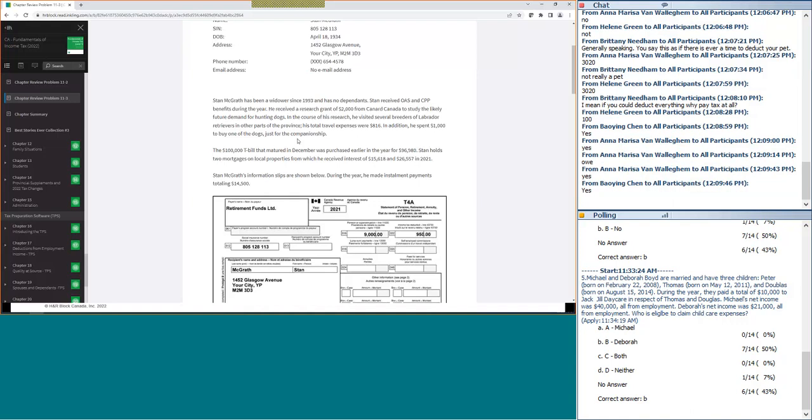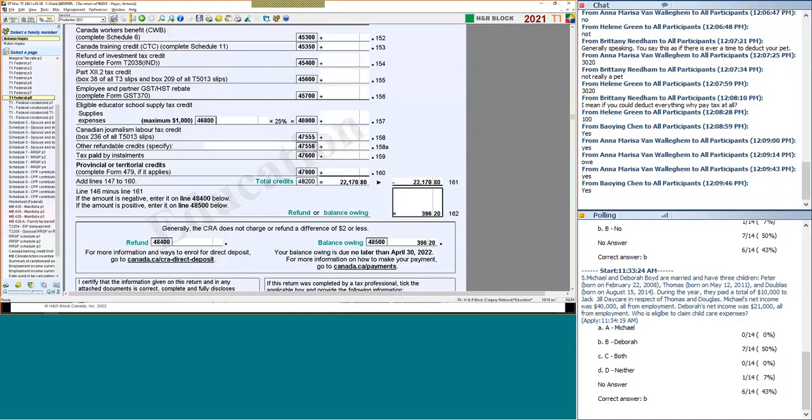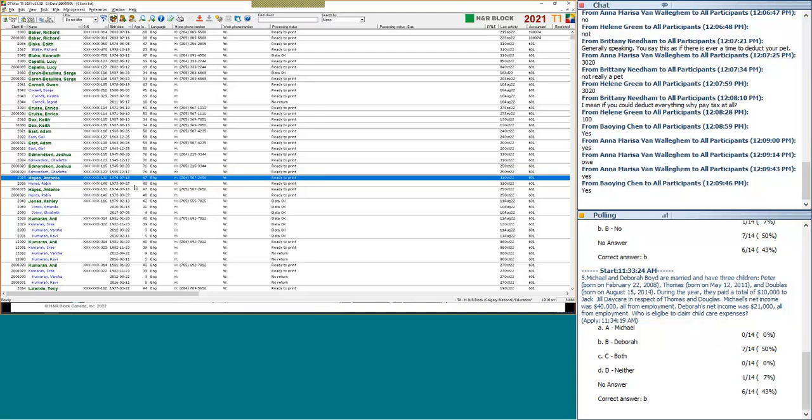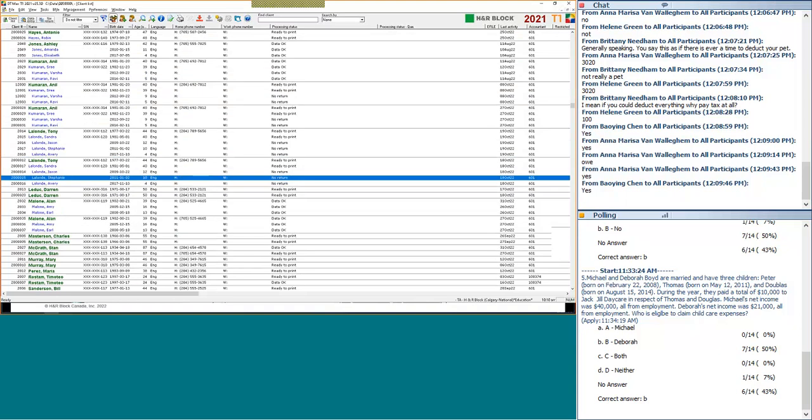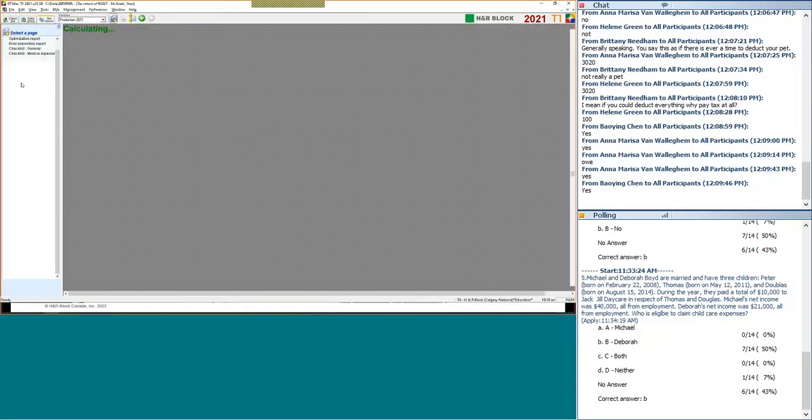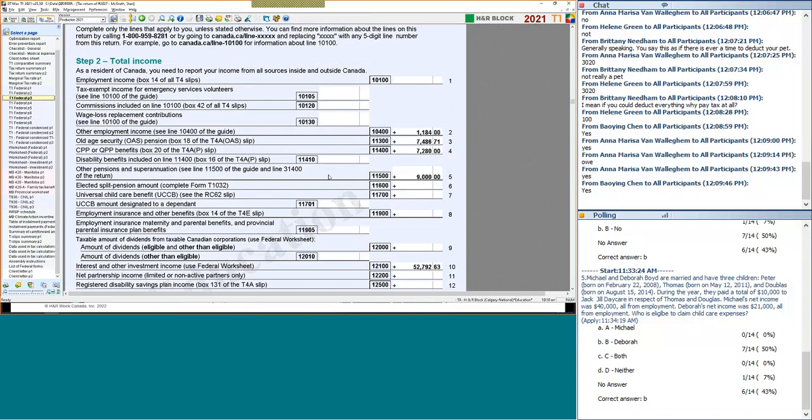Well, to find that out, you need to calculate his net income. And it's close. So I'm going to show you his return very quickly. And for this one, you do have to pretty much do the first part of the return to get the answer. So if we do Stan McGrath, and I go in and I take a look at his return, I'm going to do his income.